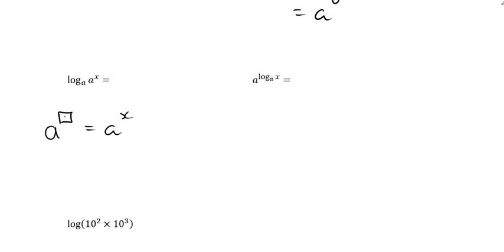What do I have to put in here to make it work? x. So what this tells us is log base a of a to any exponent equals the exponent. That's kind of a big one.